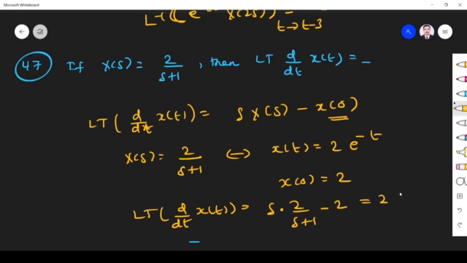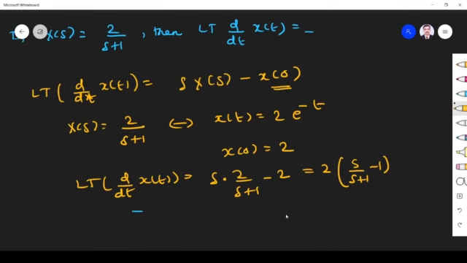You take 2 outside: 2 times s by s plus 1 minus 1. If you simplify, 2 into s minus s minus 1 divided by s plus 1, that is equal to minus 2 by s plus 1. That is the answer, right?